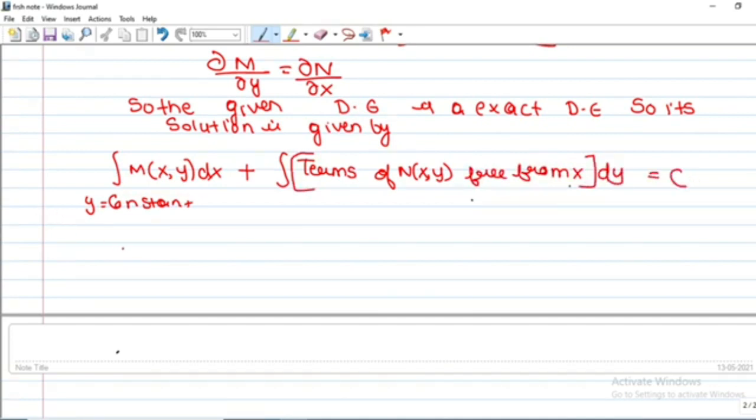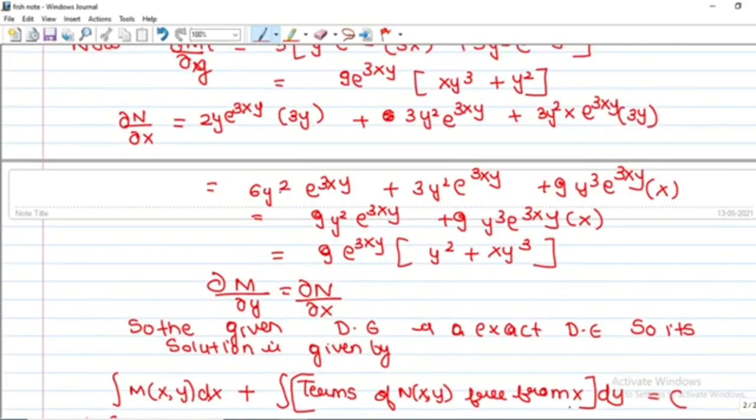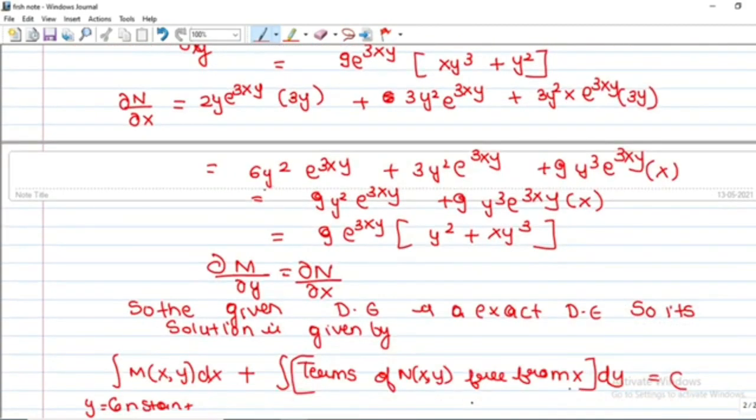Let's substitute the values. Here it will be M of x comma y. If we observe what it was, M of x comma y is 3y square e power 3xy minus 1, right?